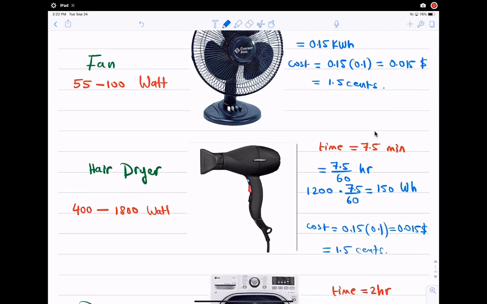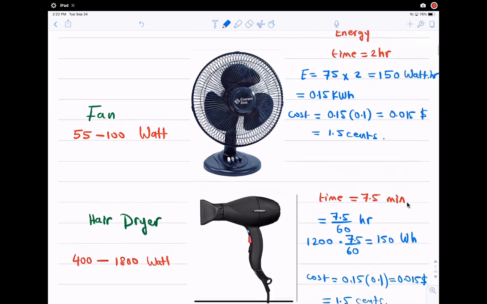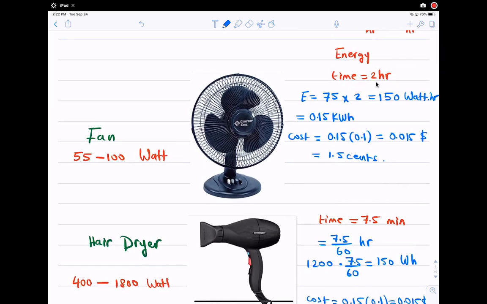Let's take this hair dryer. If we use it for 7.5 minutes, 7.5 minutes over 60 minutes to give you the unit of hour, multiplied by the average of this power, which is 1200, then you get 150 watt hour. The same watt hour that you used for 2 hours for the fan.